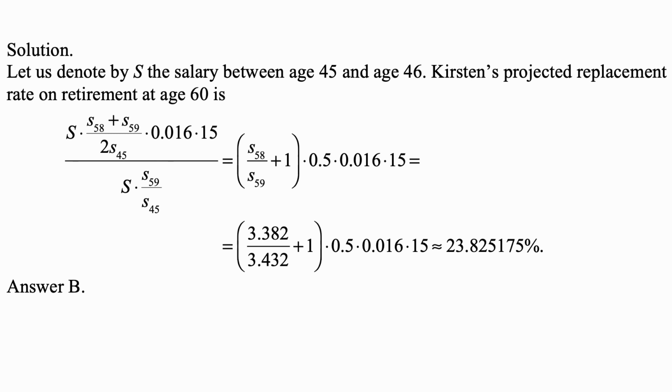And that's equal, based on the data given in the problem, to (3.382 divided by 3.432 plus 1) times 0.5 times 0.016 times 15, and that's approximately 23.825175%, which is answer B.